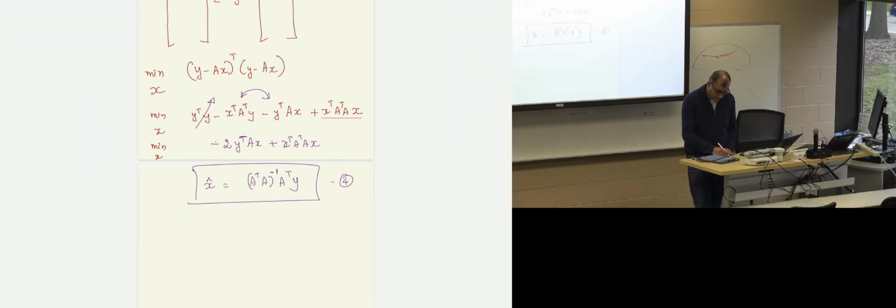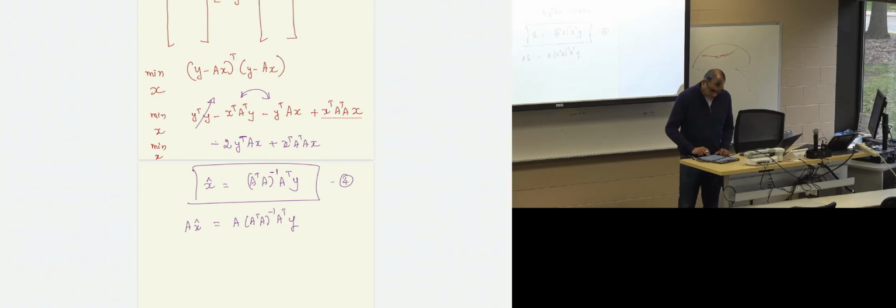I want to multiply equation 4 by A. So you have A x hat is A (A transpose A) inverse A transpose y.